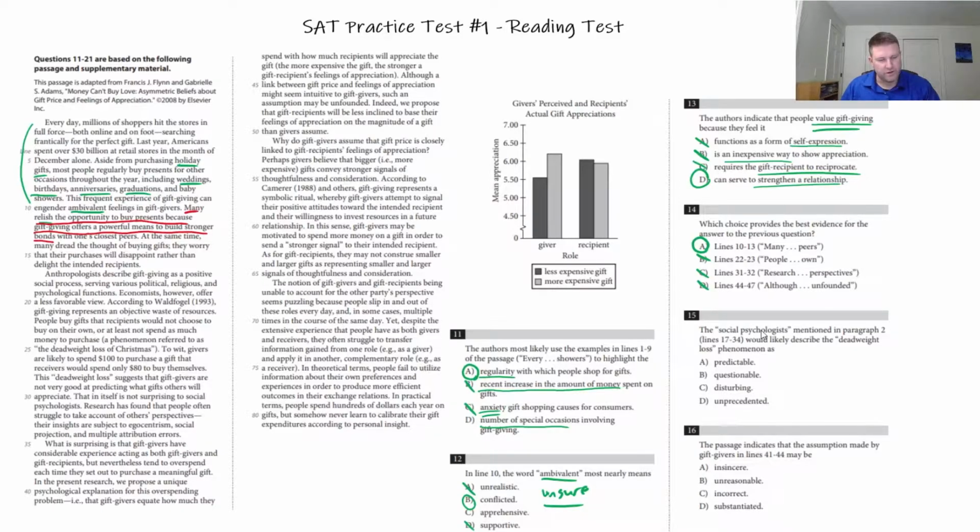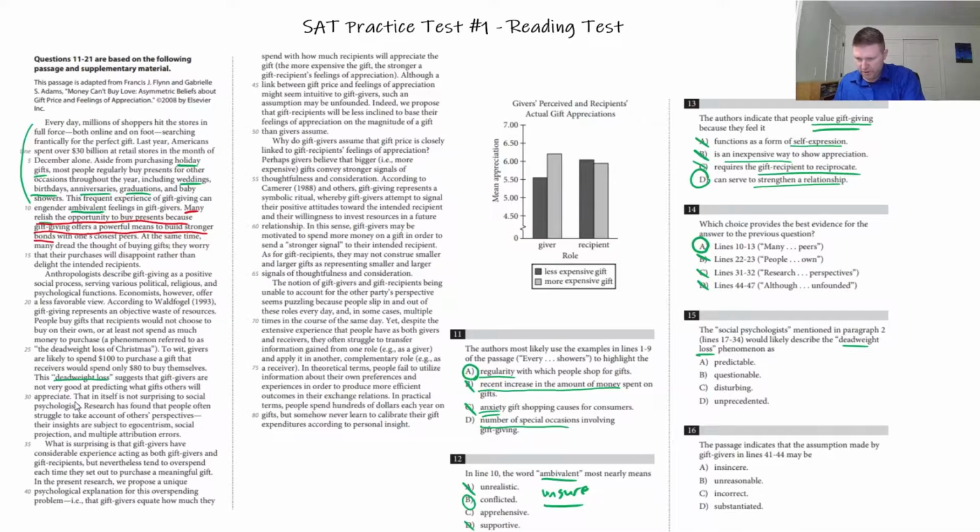Moving on to 15 here: the social psychologist mentioned in paragraph 2 would likely describe the deadweight loss as something. So if we just hone in on that, 17 through 34, here's the deadweight loss they're talking about.